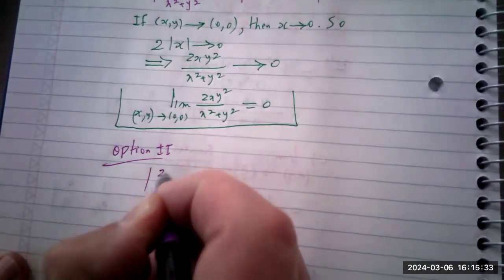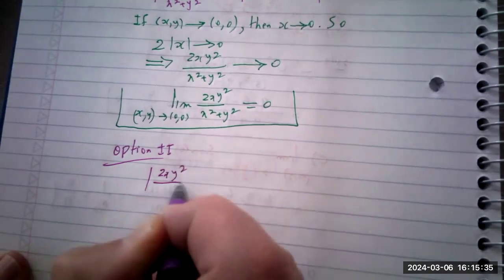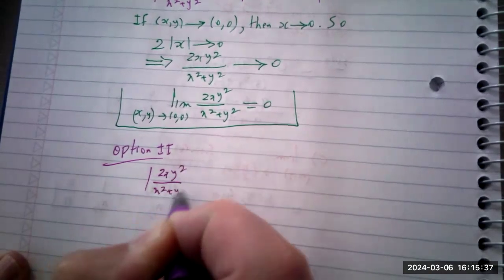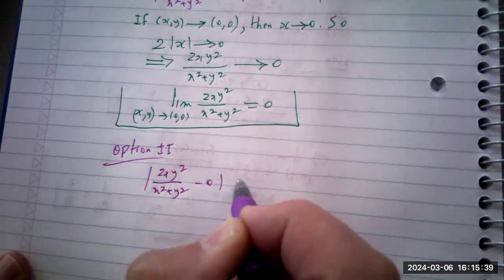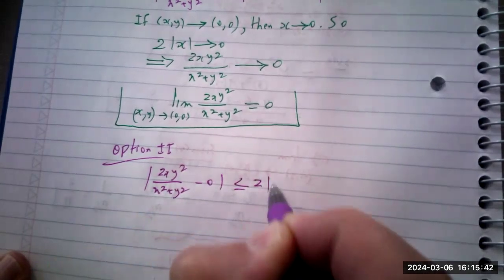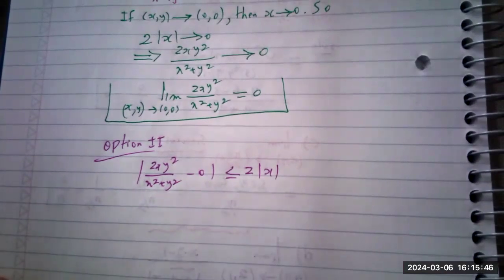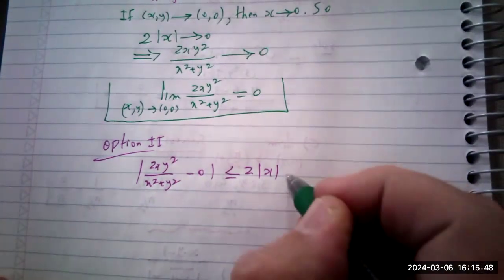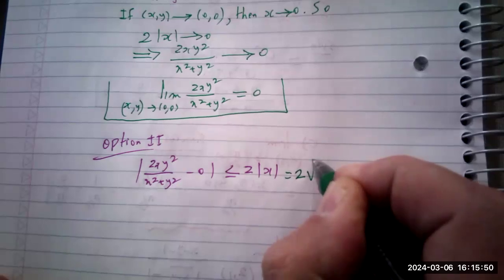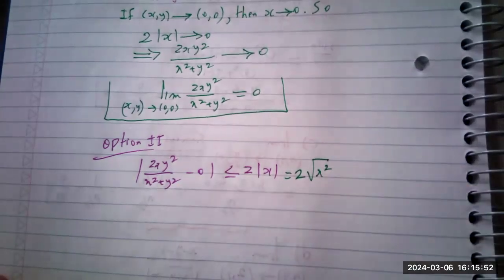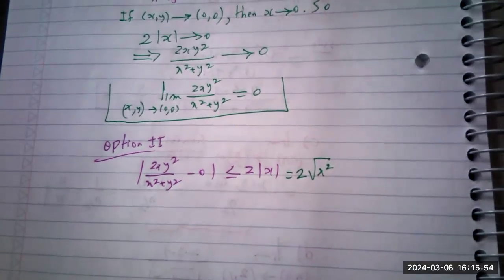So option 2: you have 2xy squared over x squared plus y squared minus 0. You already proved that this is at most 2 times the absolute value of x. Now you see the absolute value of x is what? This is the square root of x squared, because the square root of x squared is the absolute value of x.